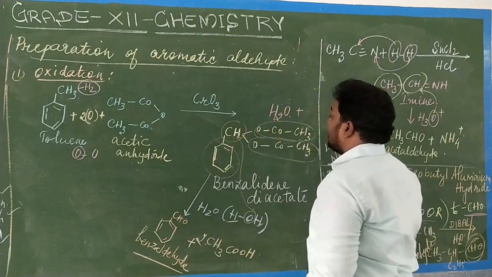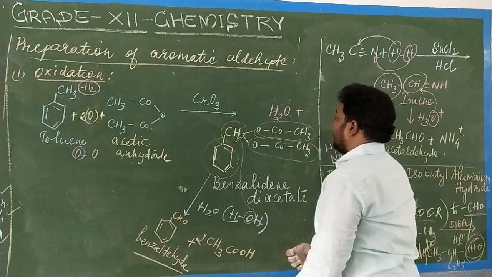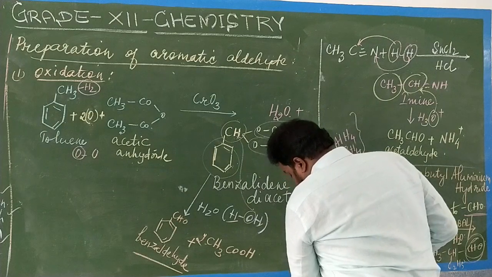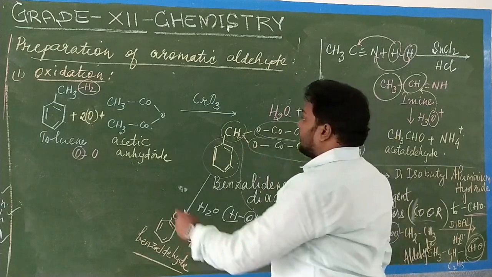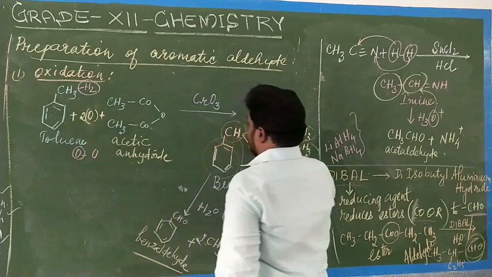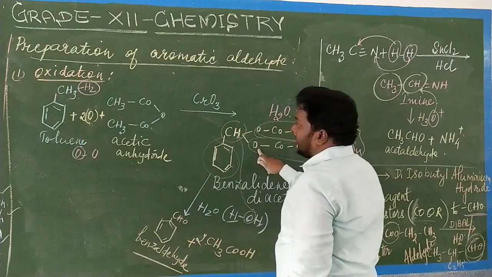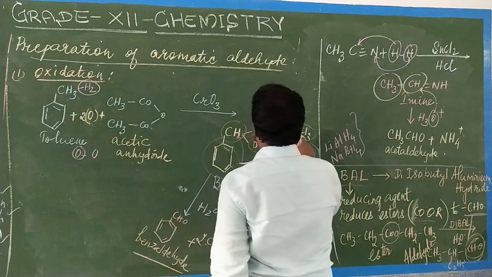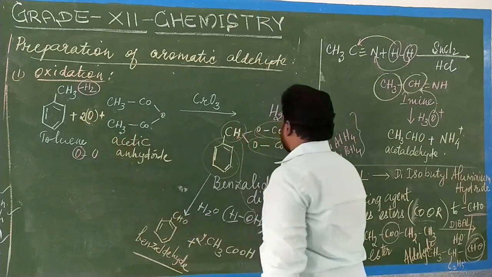So benzene ring with CH, and then one oxygen has gone, remaining 1 oxygen. That oxygen and this oxygen I have added here. Remaining COCH3, then COCH3 I have written.